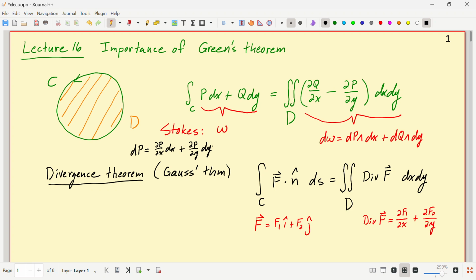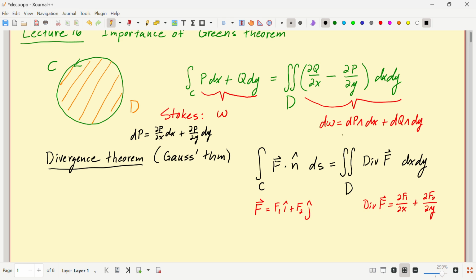And when you wedge that with dx and use the fact that dx wedge dx is 0 and dy wedge dx is minus dx wedge dy, the P term is minus dP/dy dx wedge dy.